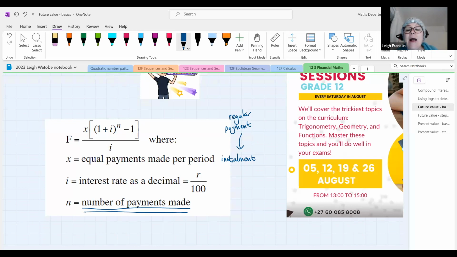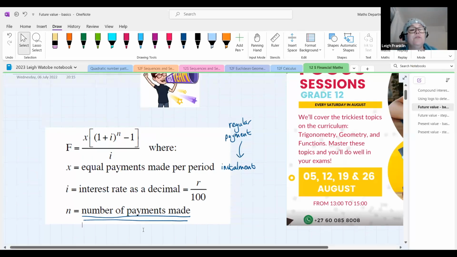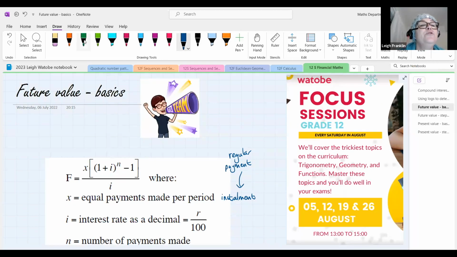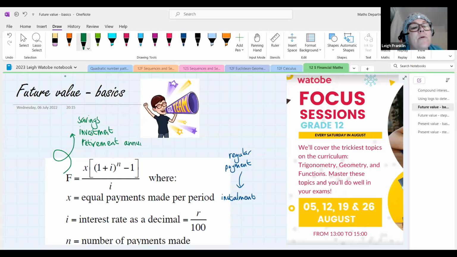Now, how do we know when we are supposed to be using the future value formula? Future value is used when we have some kind of savings, investment, retirement annuity or pension.